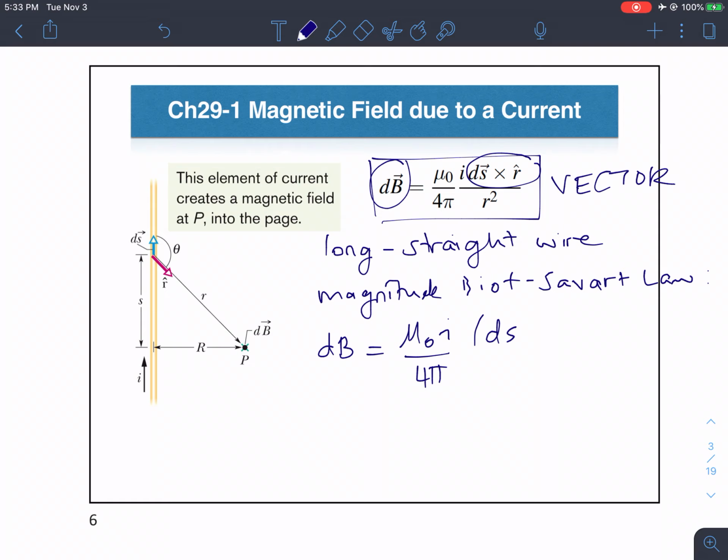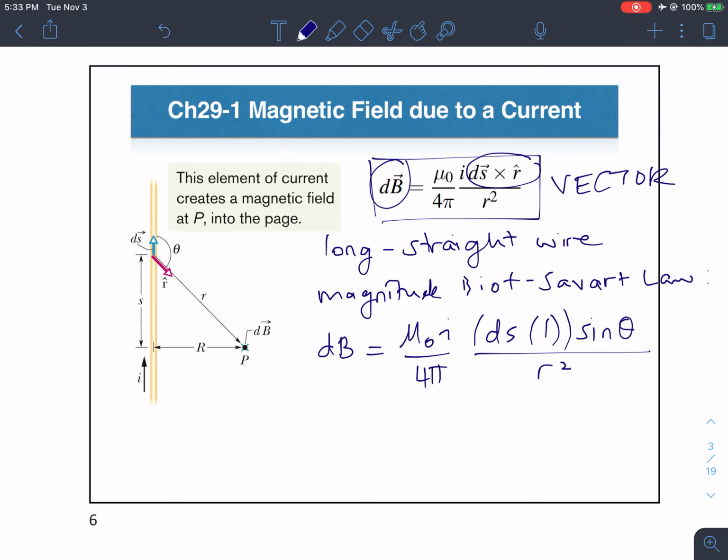Some of you will think that it's r, but it's not an r vector. It's a unit vector. A unit vector has a magnitude of 1, and that's why we have 1, and then the sine function between them, divided by r squared.